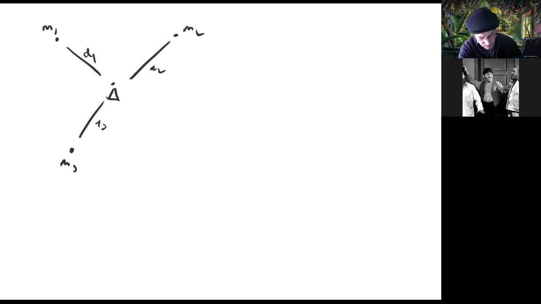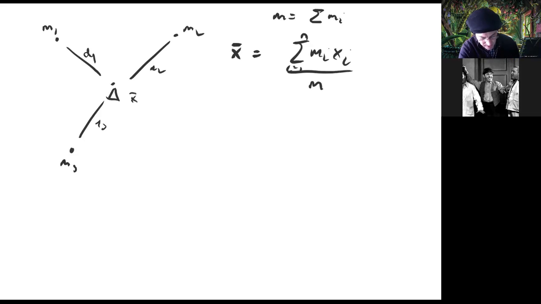So you can think of the x bar as the sum of mi xi over m, where m is the sum of the mi, and here i goes from 1 to n. You have n masses.